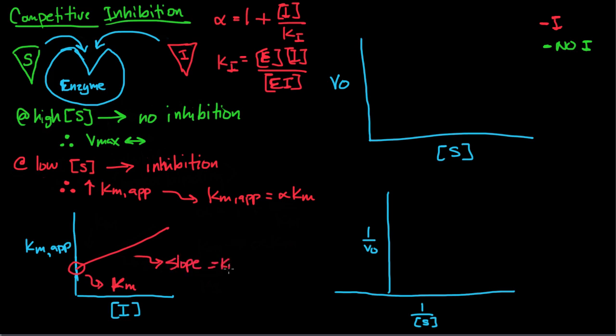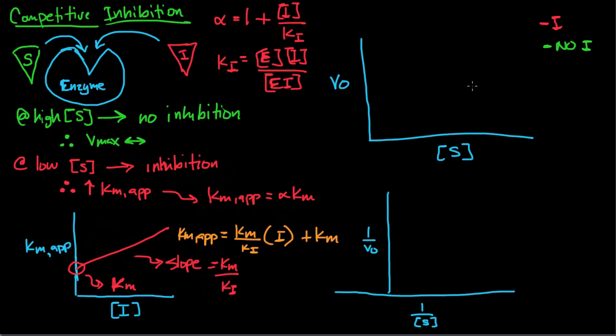And the equation that we're actually plotting in this scenario, which I'm writing in orange, is Km apparent equals Km over Ki times inhibitor plus Km. So the purpose of this plot is if you want to solve for what the actual Km value is.